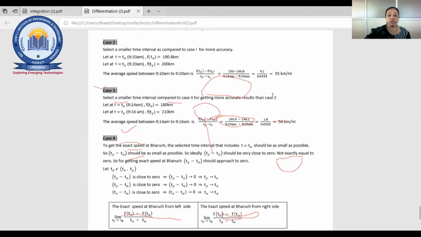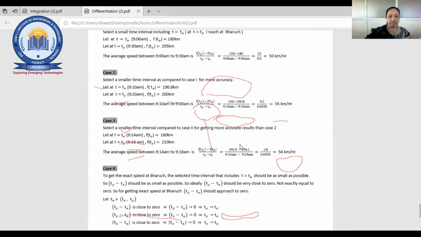That means when we are trying to reach a specific time, we get an accurate result. To get the exact speed at Bharuch, which is our destination, we take a smaller time interval.